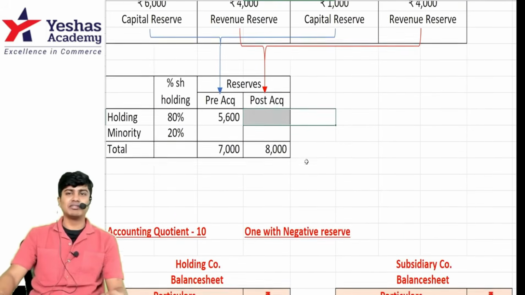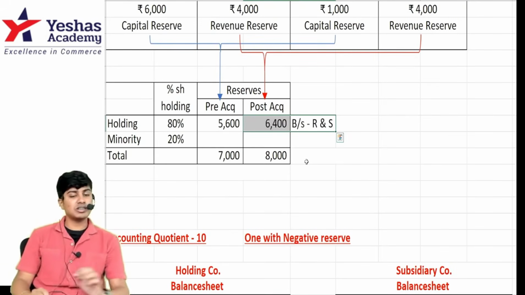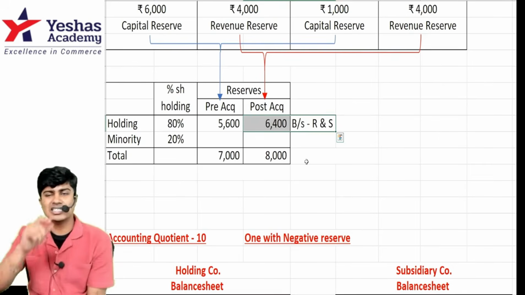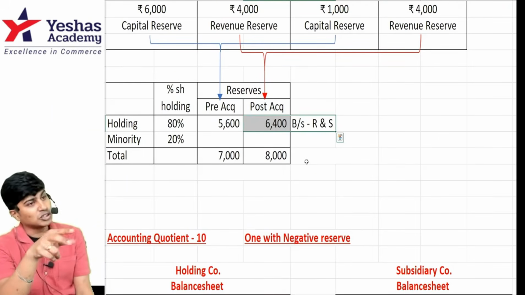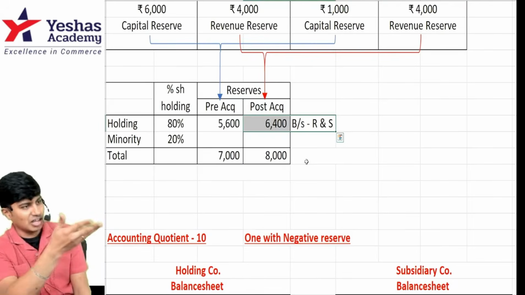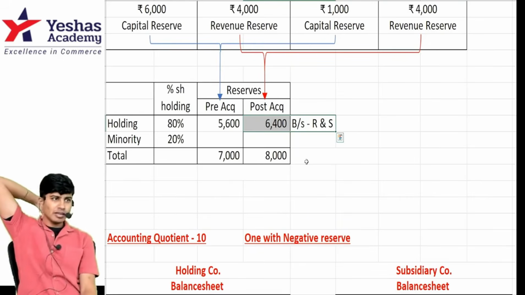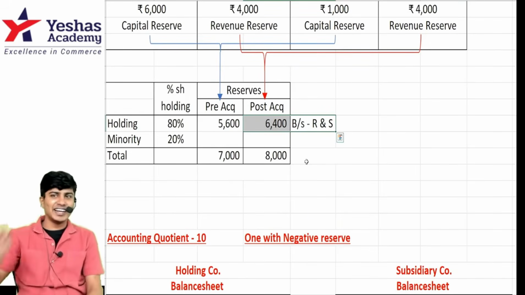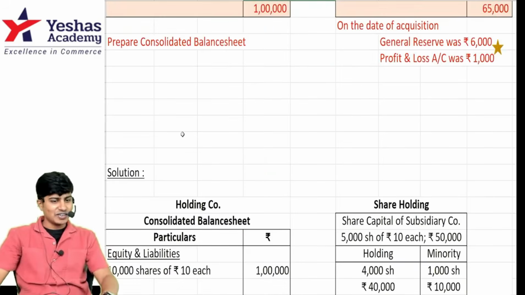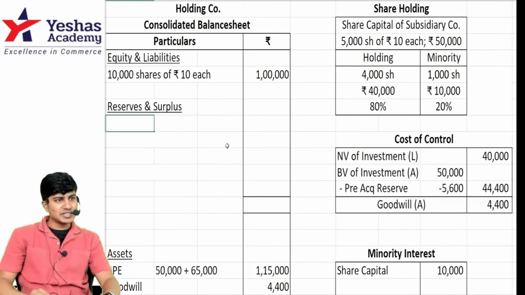Come to the next item. Post-acquisition reserve, to the extent it belongs to holding. 8,000 into 80% is 6,400. What is this? This is holding company's share in post-acquisition reserves or revenue reserves of subsidiary company. Where do I write this? Consolidated balance sheet, liability side, reserves and surplus. What reserve?